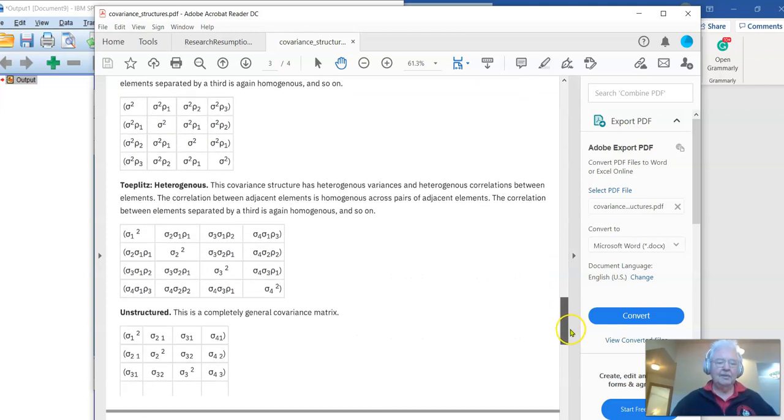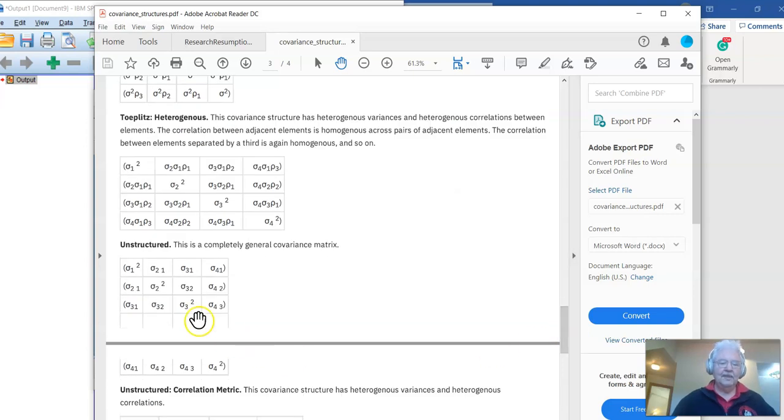Another kind of basic starting point is unstructured. Now notice here, for the diagonal, which is the variance of condition 1, 2, 3, and 4, the subscripts are all different. So there's a separate variance for each one. In addition, all the covariances have unique subscripts, 2,1, 3,1, 4,1, 3,2, 4,2. Notice this top is equal to the bottom.